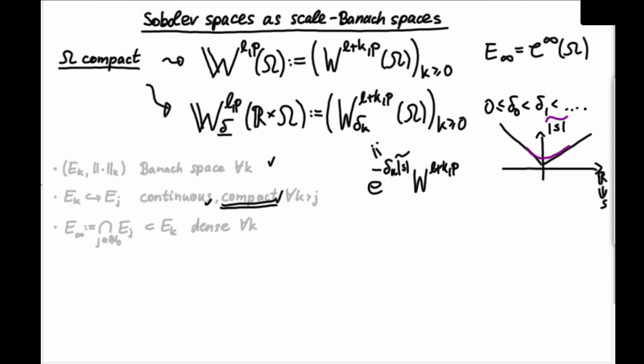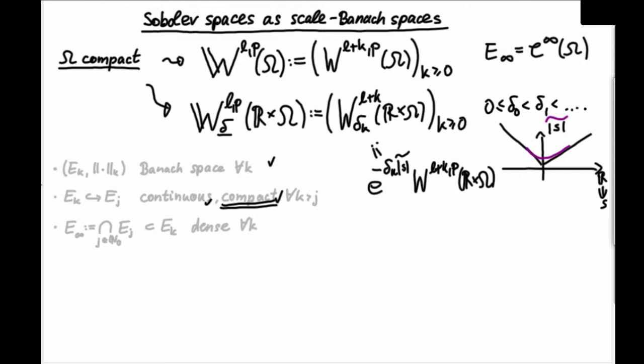So, differently put, a function is in this exponential weighted space if I can multiply it with this badly blowing up function, and after that it's still in, oh boy, did too much copying here, R times omega, of course. Right? So afterwards it is still in that space. So, I mean, that's the most efficient way of defining weighted Sobolev spaces.